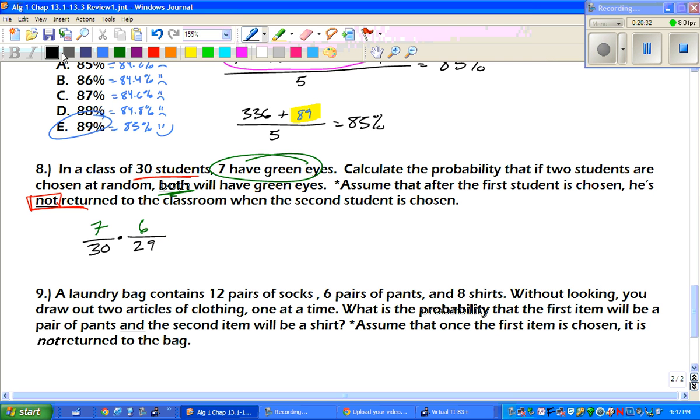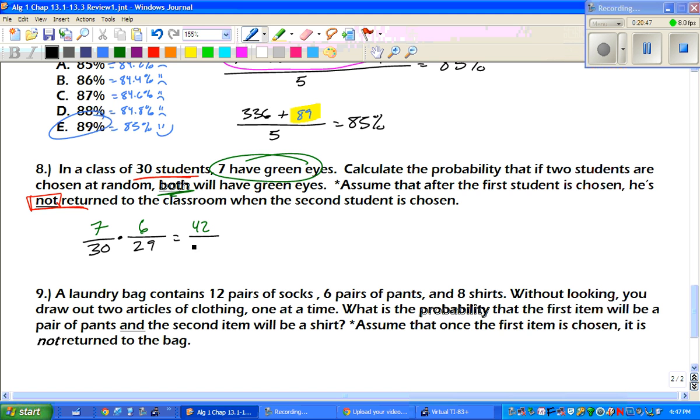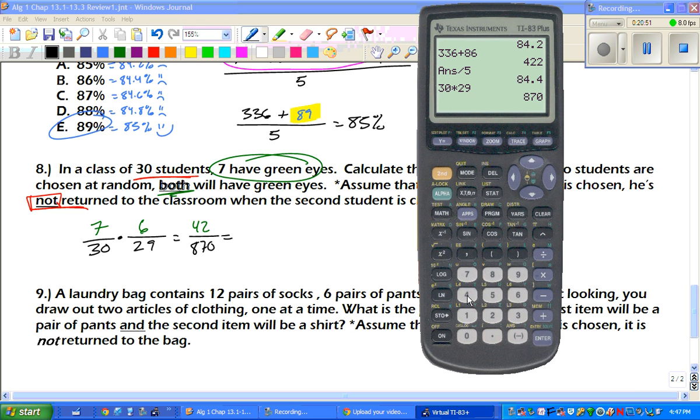Okay? So what we would do is multiply those two. The top is 42. The bottom, 30 times 29, gives us a grand total of 870. We can actually reduce that fraction. Always check if you can reduce by putting it on your calculator.